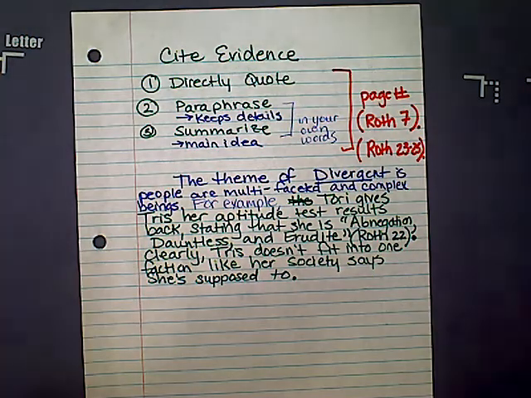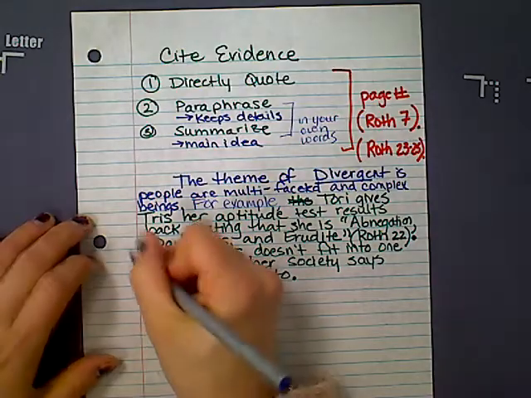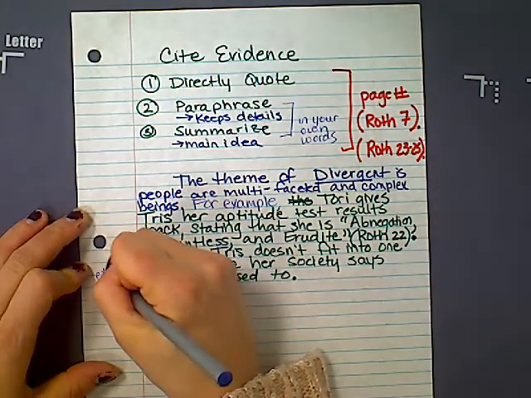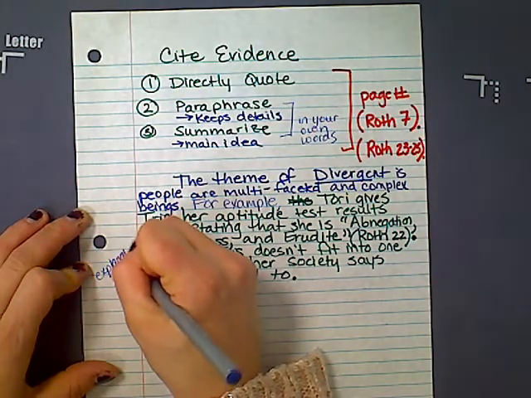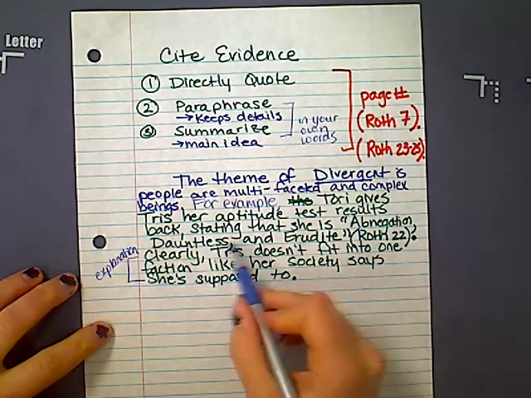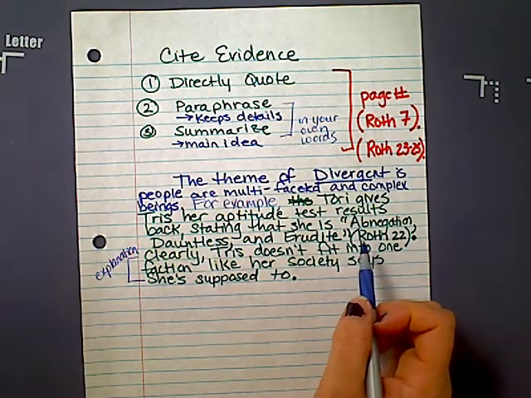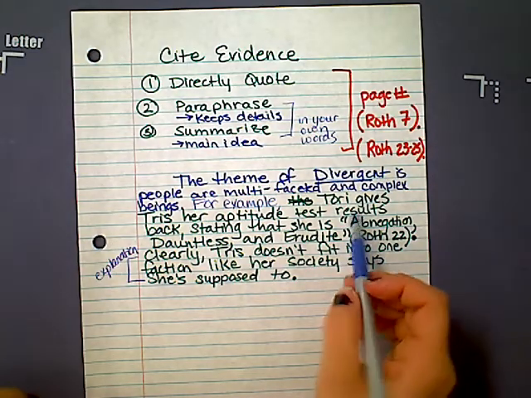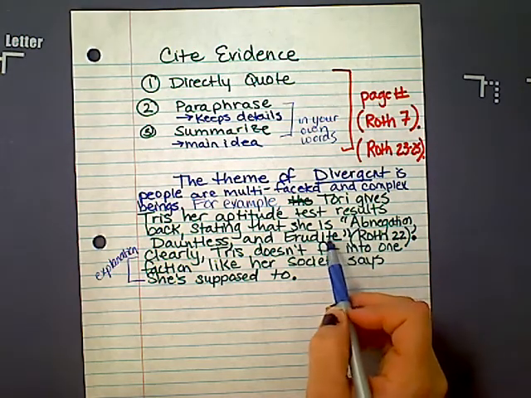Period. So right here is my explanation. I'm circling back to what I'm trying to prove, and then here is my direct quote. So that's an example of how I would directly quote.